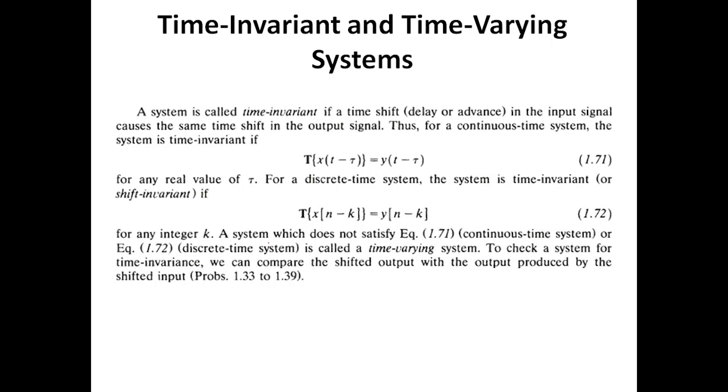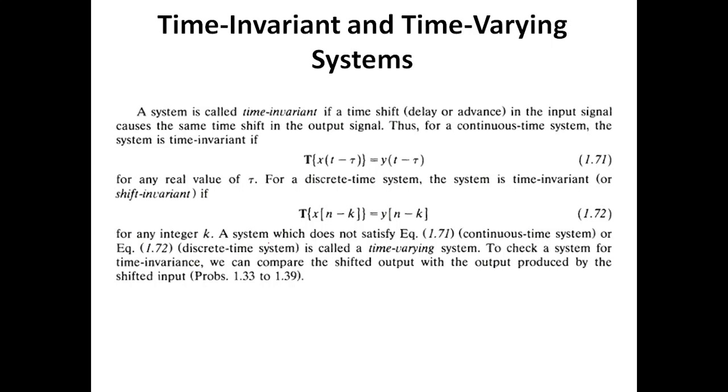Now if you delay the signal or advance the signal and then give the input to the system, regardless of the delay, the nature of the output should be the same. Otherwise, if you are analyzing something now and analyzing after a certain period of time, both analyses will be different.